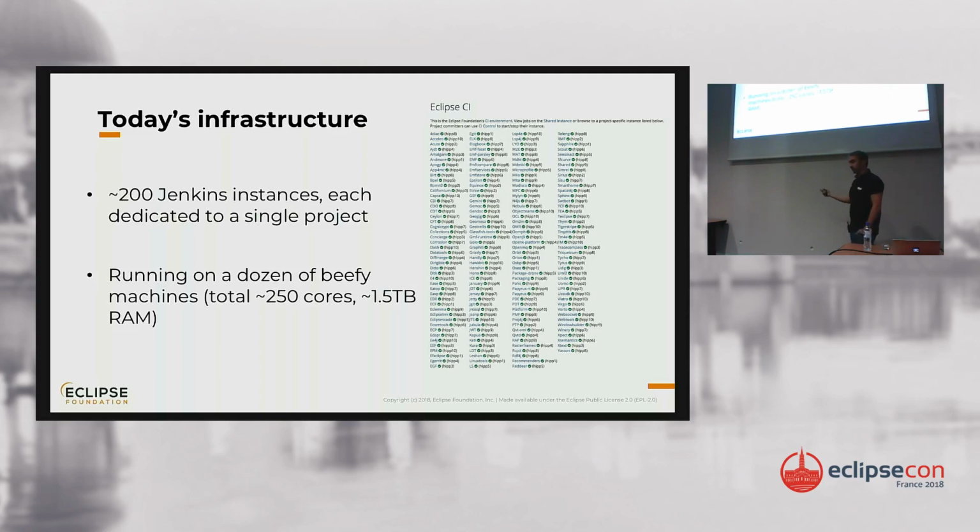All of these instances run on a dozen beefy machines. In total, we have about 250 virtual CPU cores for running those Jenkins instances, and 1.5 terabytes of RAM. It can sound pretty good already, but we'll see what the caveats with the current infra are.